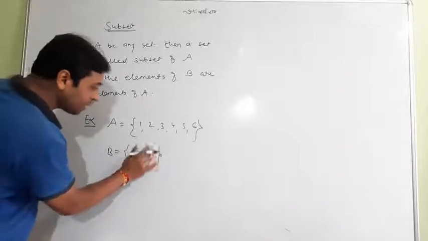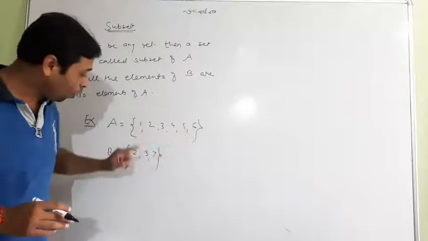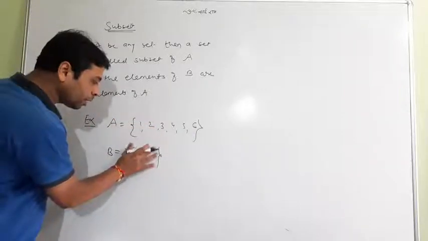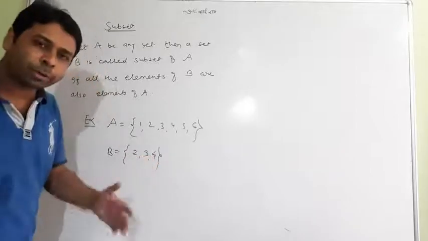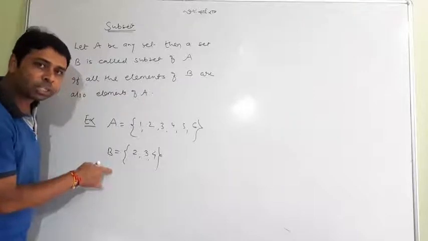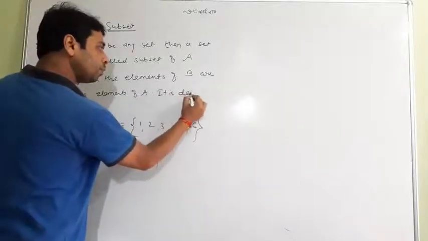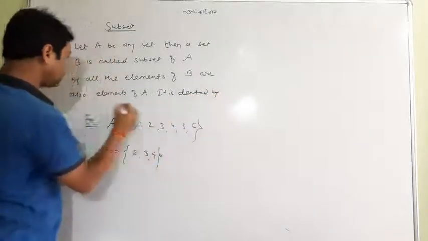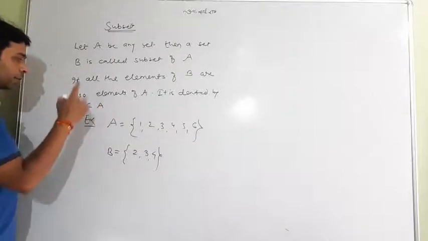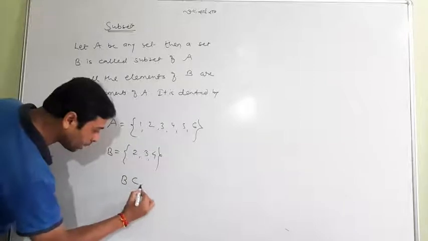If I write 7 here, 7 is not in A. So all the elements of B are not elements of A. That's why B is not a subset of A. But if it is a 4, or any element you can take, this time all the elements of B are also elements of A, and B is called a subset of A. It is denoted by B subset A. Look at the symbol.